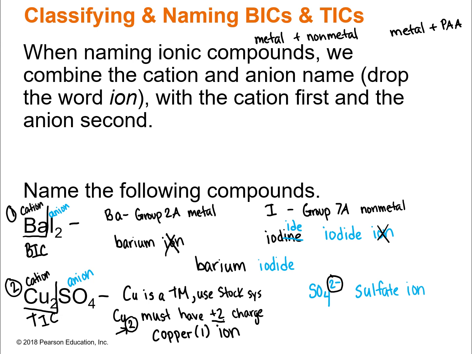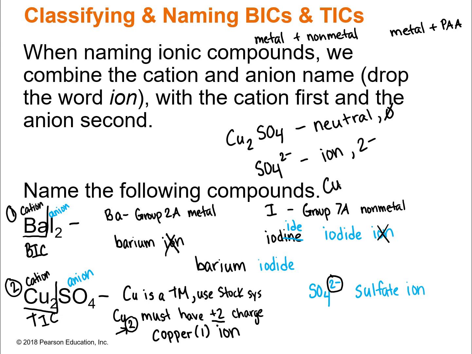So, again, we're mixing two things together, okay? Here is the whole compound. It is neutral. SO4, that's an ion, and its charge is 2 minus. We've got this copper ion, and we've got 2 of them.